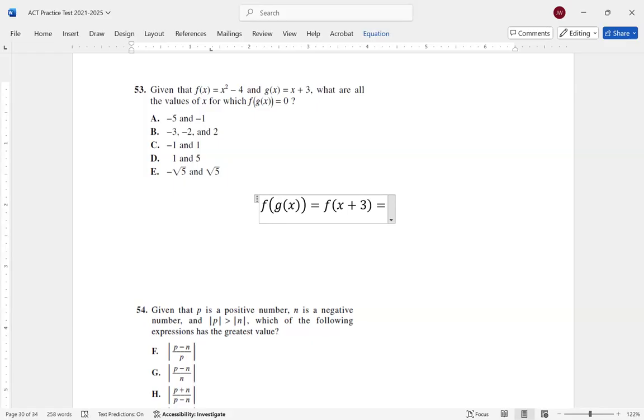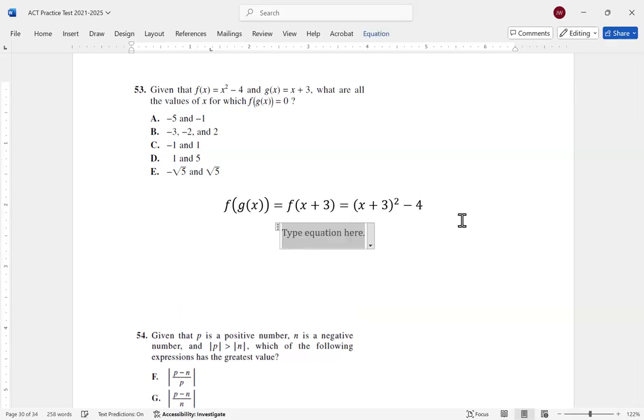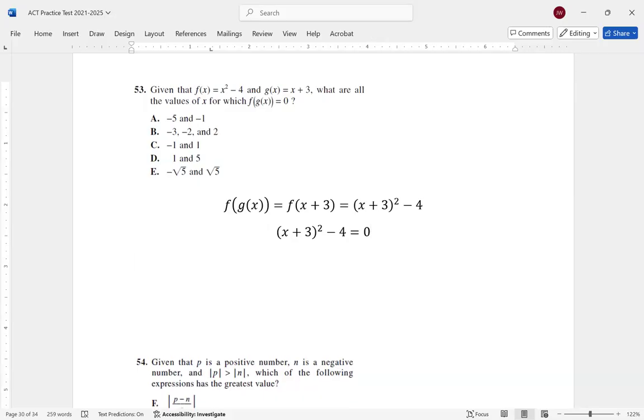When I do that, I get x plus 3 quantity squared minus 4. In other words, I just replace the x with an x plus 3. Now, I want that output, x plus 3 squared minus 4, to be equal to 0.